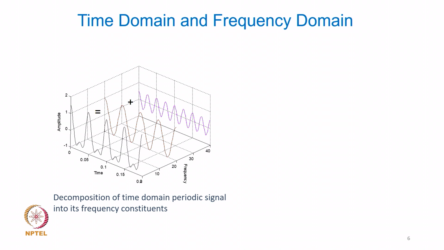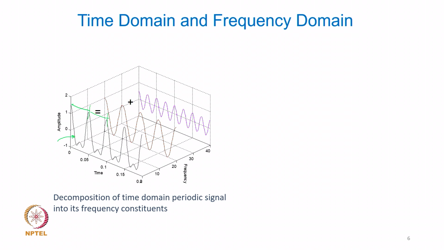Now, you must have learnt in your mathematics course that a periodic time function can be decomposed into its constituent sinusoids. So, you may imagine this kind of a periodic function. You can see that there is a definite period of repetition to this periodic function. It is perfectly repeating after a period of capital T, in this case maybe 0.05 seconds.